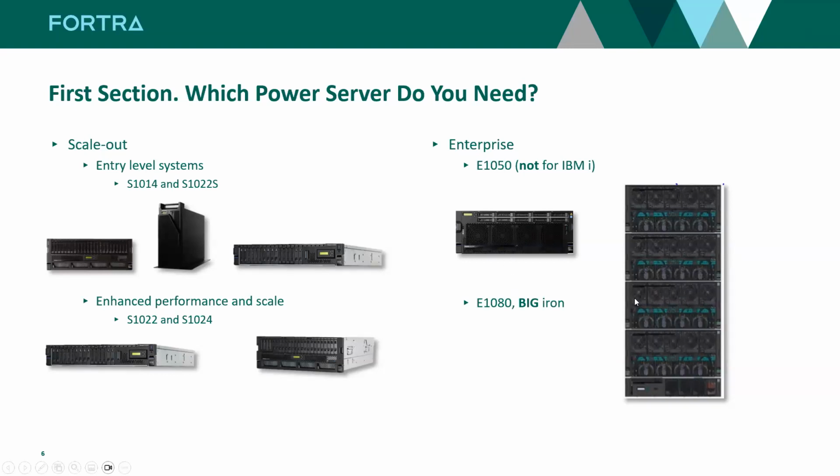And the E1080 is the really big one. You can have up to 240 cores with 10, 12, or 15 core processors. It has a 2U control unit, and then you can have up to 4 5U nodes. You can have a total of 64 terabytes of memory.